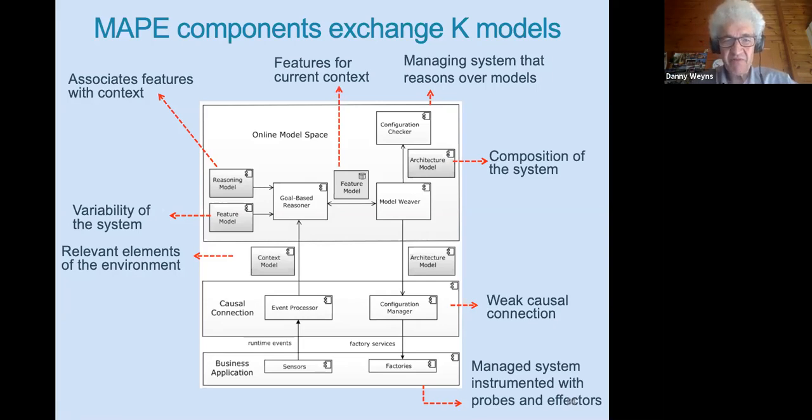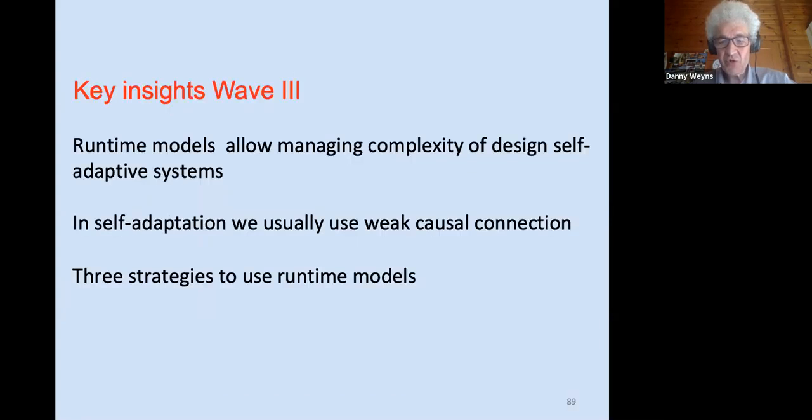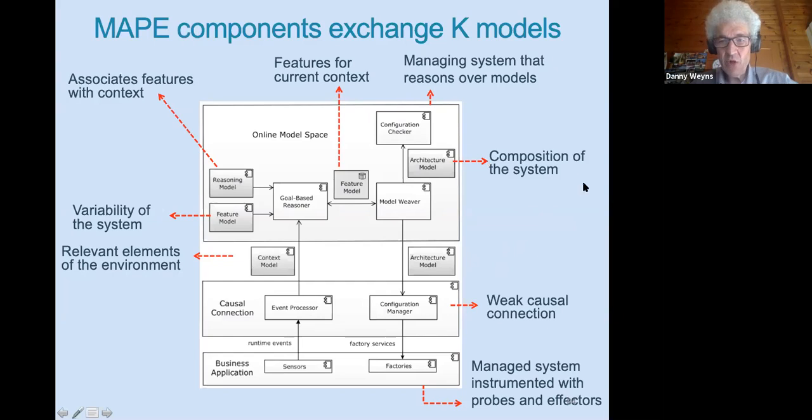So it looks at what the variability is, it looks at what the current context is, and then derives what kind of features I want to have for the moment. For instance, there is bad bandwidth, okay, I need to reduce the resolution of my GUI. And based on that, the model weaver will then compose an architecture for the system, and first check that composition, whether it's valid, and if it is valid, it will give that model to the configuration manager that will enact it into the application.